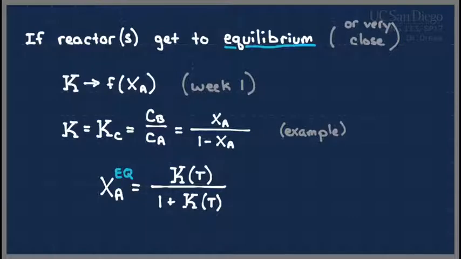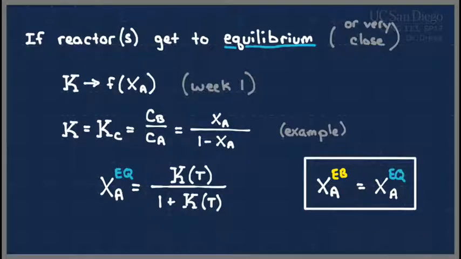If your reactor gets very close to equilibrium, or essentially equal to equilibrium, we now have the condition that Xa, as calculated by your energy balance, is going to be the same Xa that you would get if you were to calculate it based on the equilibrium criteria. So remember, the conditions to use that expression were that the reactor has to operate adiabatically, and it has to operate near equilibrium.